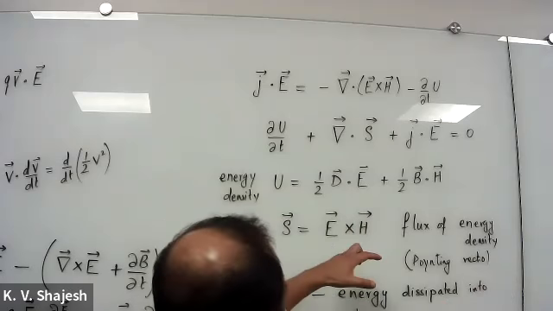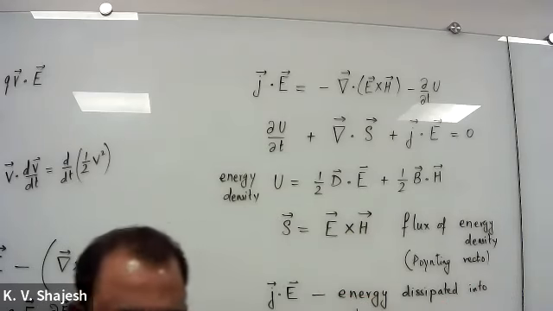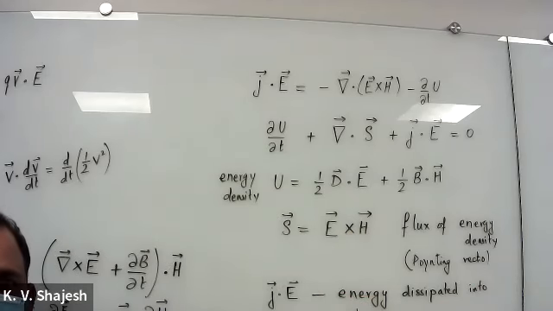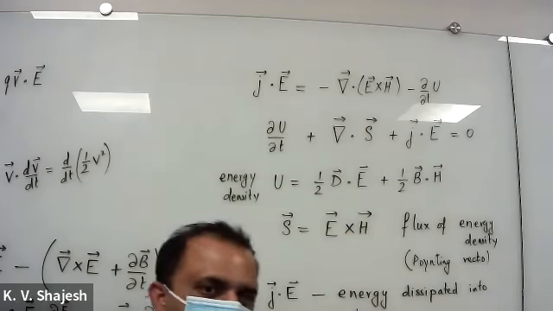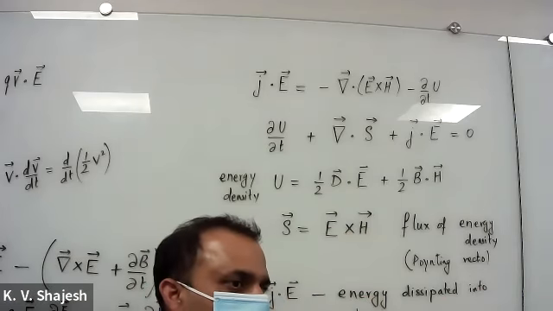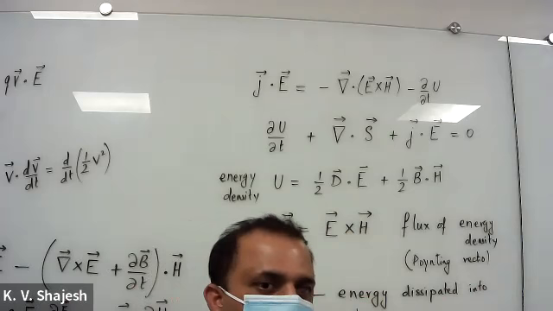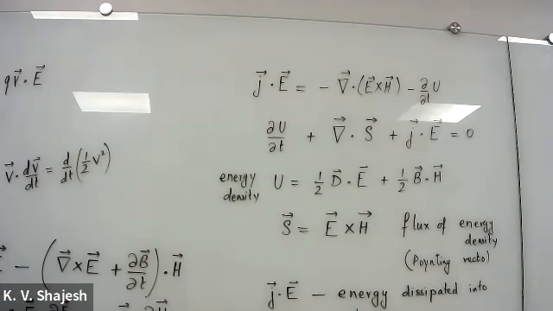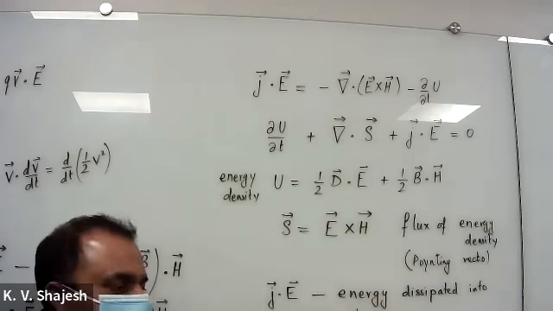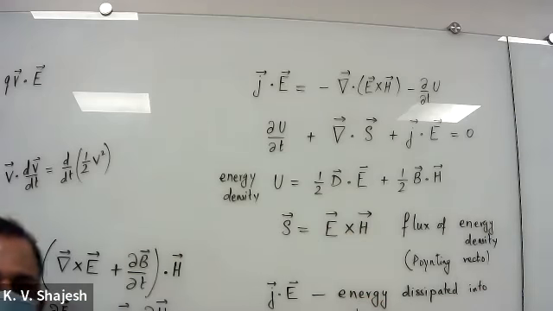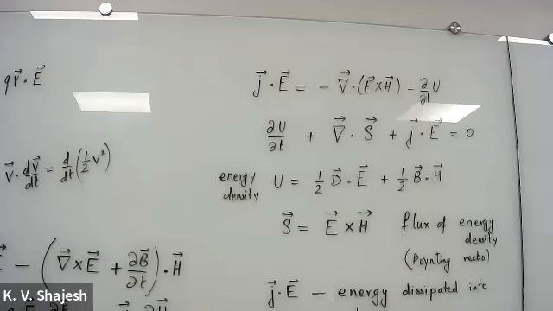Like the electric field, the energy that was stored in electric field is being converted into motion of charges. The charge starts moving, right? The mechanical energy associated with the motion, so energy can disappear from electric and magnetic field and get into the motion of charge.